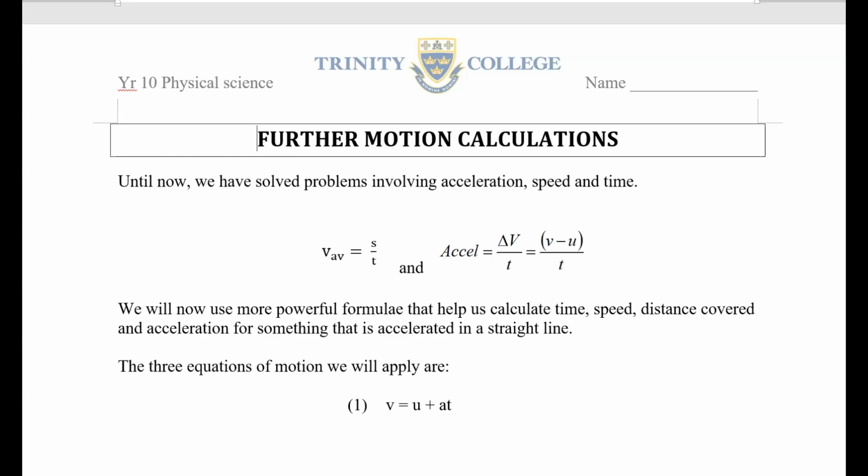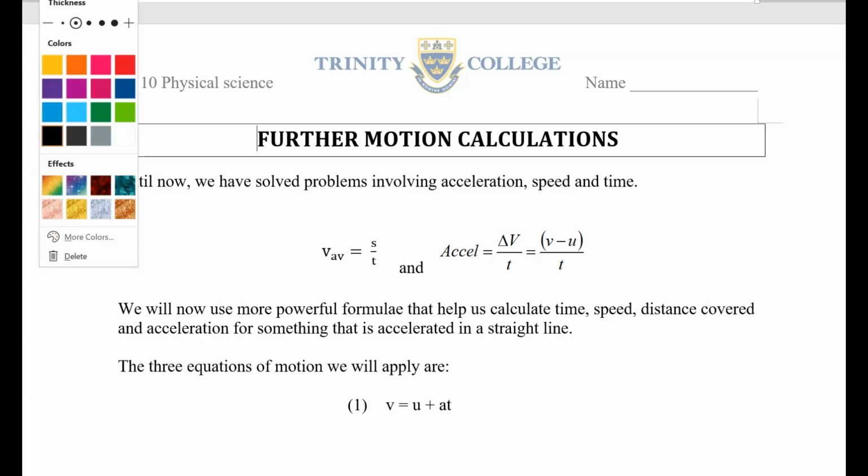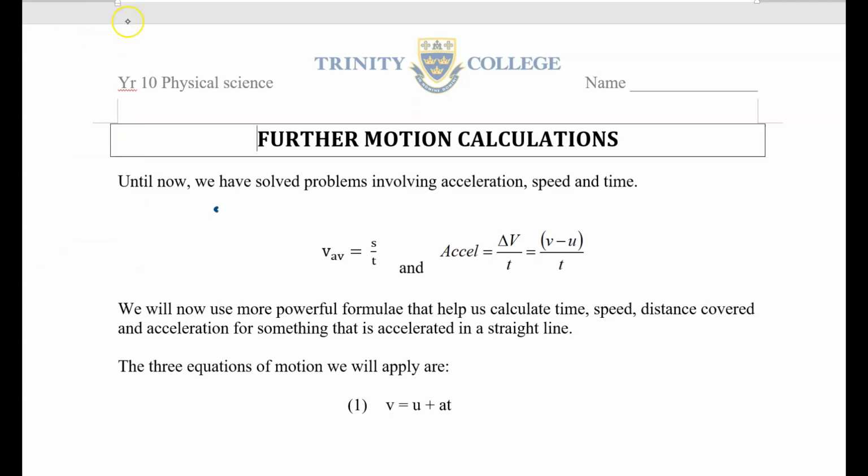All right, so if we start with a simple explanation: until now, we've solved problems involving acceleration, speed and time. When we look at our average velocity, or v bar, we said that was your final plus your initial, divided by 2.